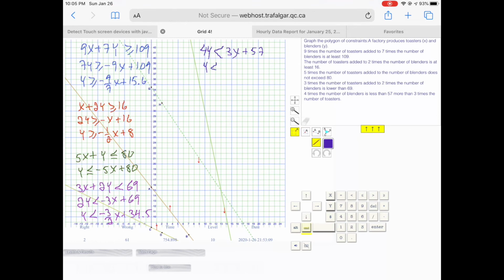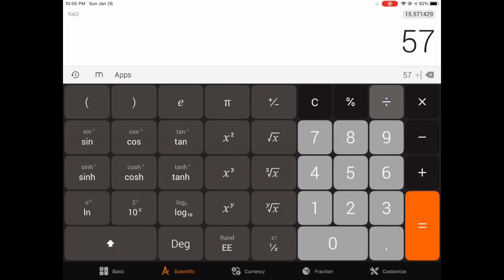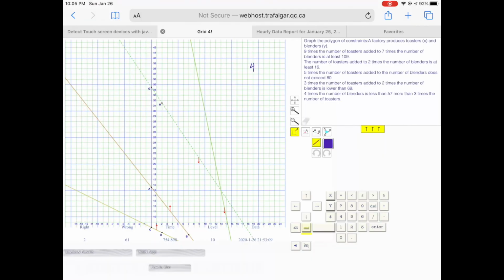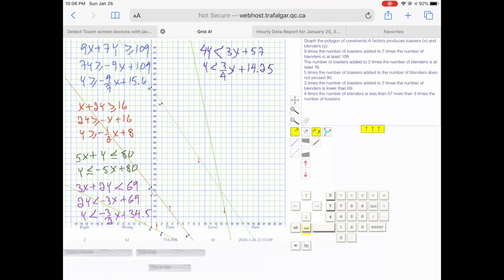Y is less than 3 over 4 x plus 57 over 4. 57 divided by 4 is 14.25. And my slope is 3/4. I'm going to move over 4 and up 3. 1, 2, 3. It is a dotted line, and we will be shading below.